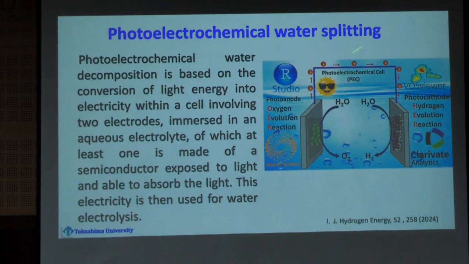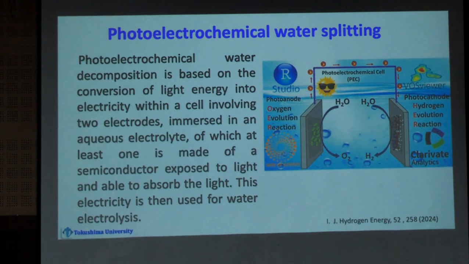So, photoelectrochemical water splitting is decomposition based on conversion of light energy into electricity within a cell involving two electrodes. Okay? These are two electrodes, this one and this one, immersed in an aqueous electrolyte. So this solution is the aqueous electrolyte. That is the water. We call it electrolyte.